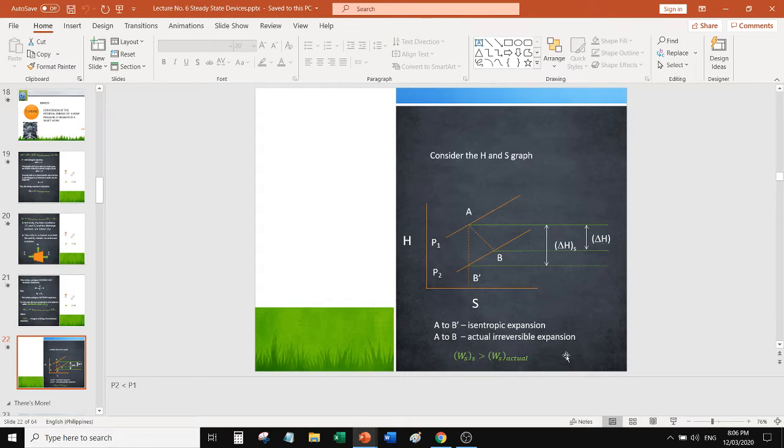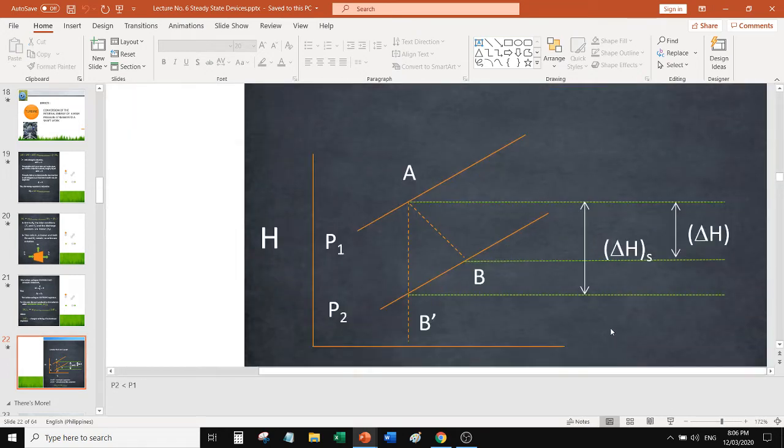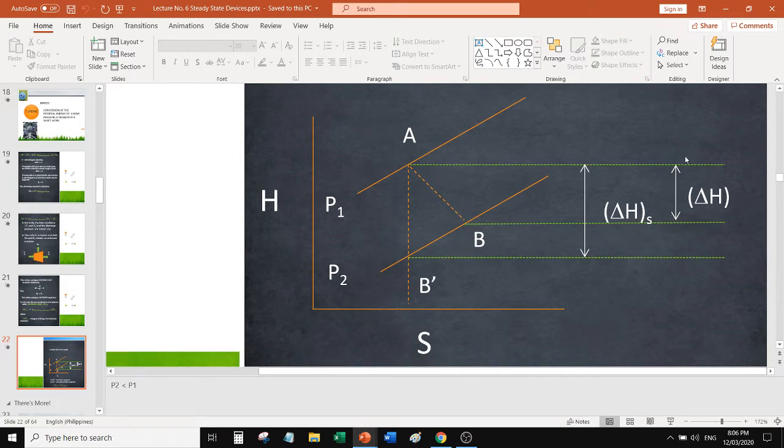So, what do you notice? Let me zoom. What do you notice about delta H actual versus delta H sub S, or delta H ideal?